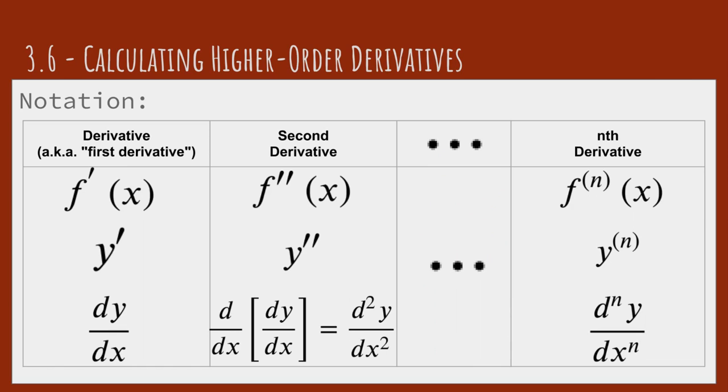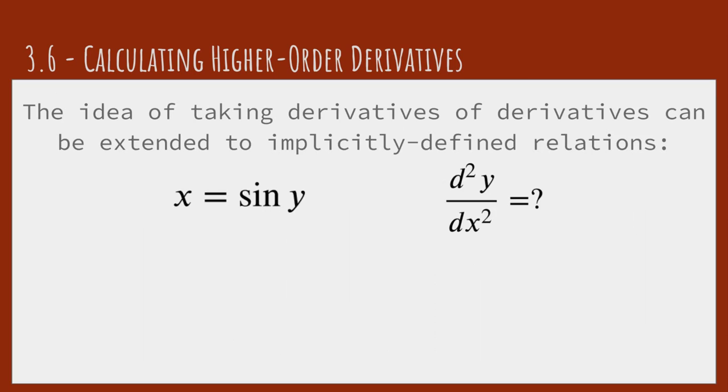So one other thing that I want to point out is that we can take the derivative of derivatives with implicitly defined relations. So this is an example that we've seen in previous topics. If we take the derivative here with respect to x, I'm going to go ahead and do this example. The idea is we want the second derivative with respect to x.